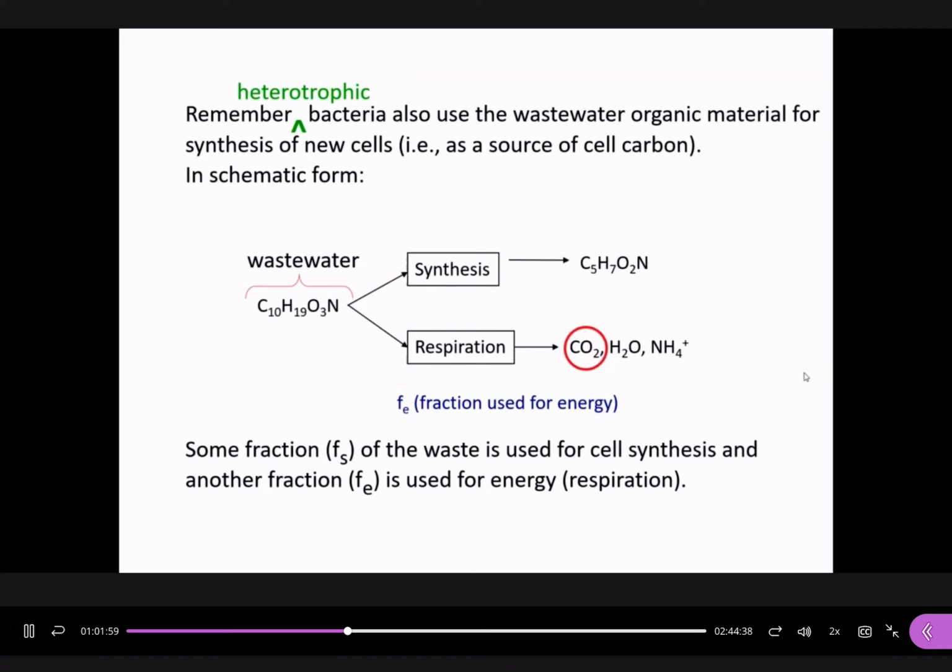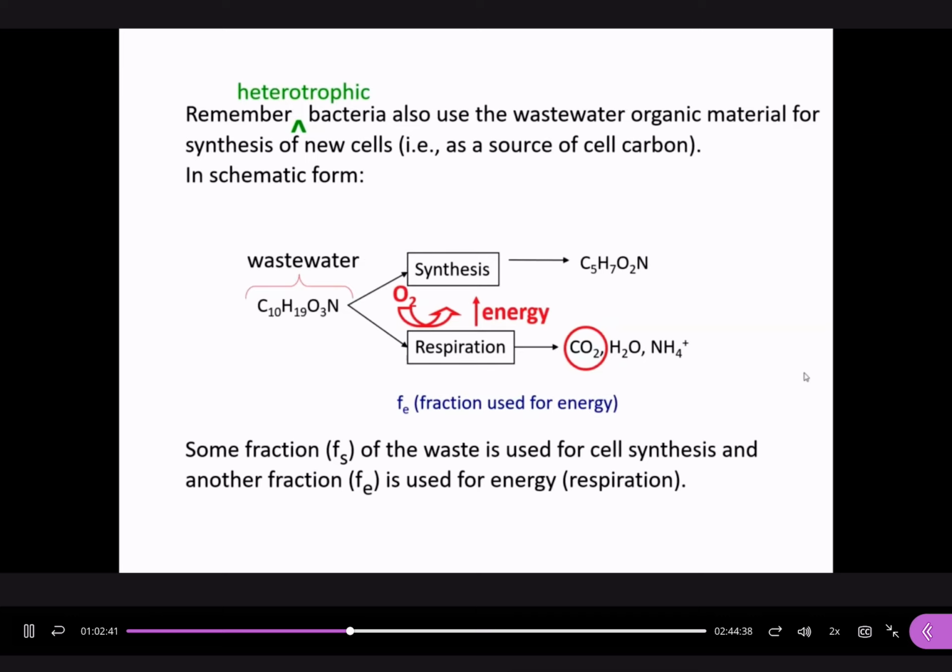Because when microorganisms grow, they need energy to grow, just like all of us, right? When you want to grow, you need energy, and that energy comes from food, your consumption of food. So that's the same for microorganisms. To be more specific, for utilization of wastewater organics, C10H19O3N is a representative chemical formula for wastewater organics.